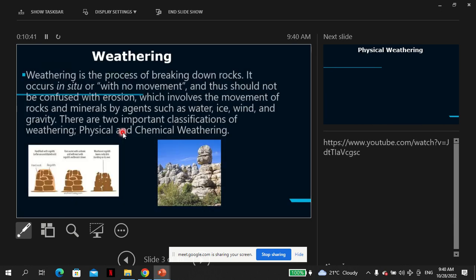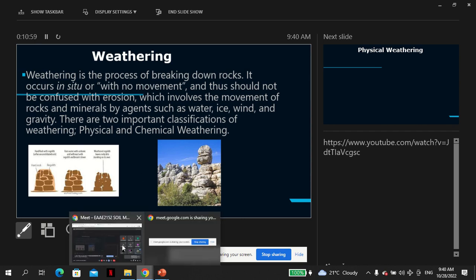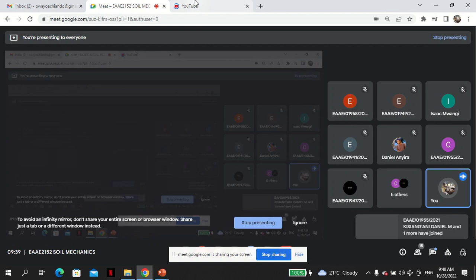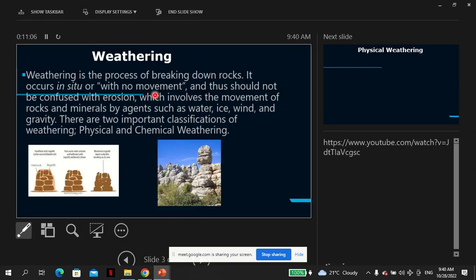Weathering is the process of breaking down of the rocks, and this occurs over time, through means that we will see shortly.